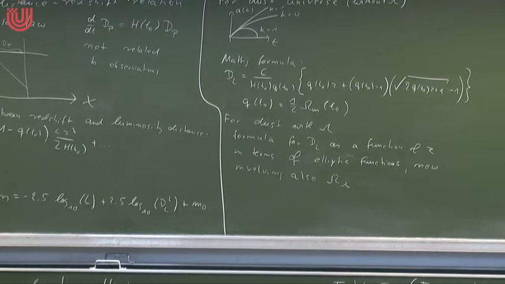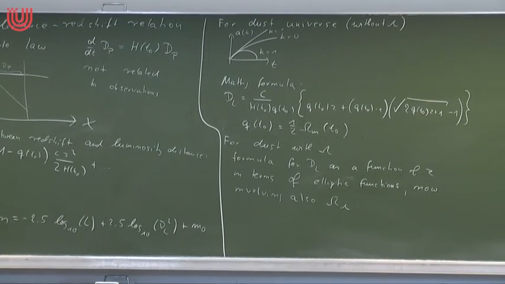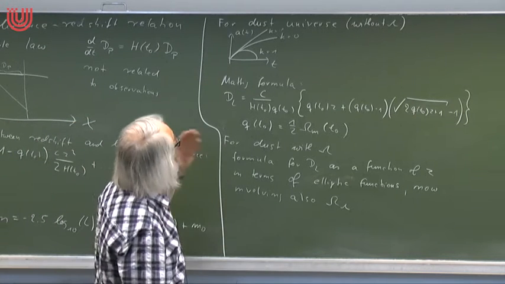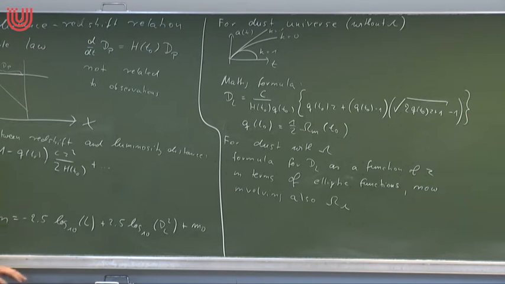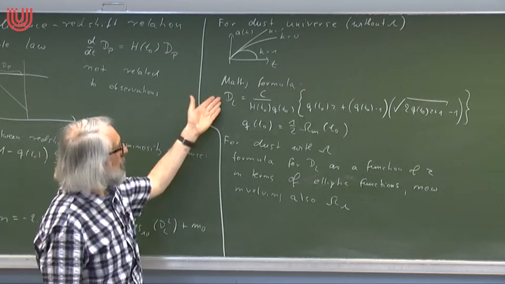When you observe the luminosity distance or the magnitudes of some standard candles and relate it to z, we could either use this formula, then it would give us the H and the q. Or we could use one of these formulas, then you would have to specify the matter content. Maybe you would begin with the simplest idea that we are just living in a dust universe.